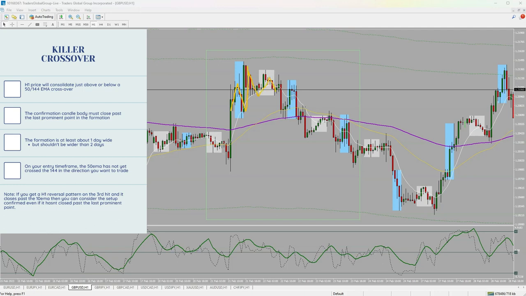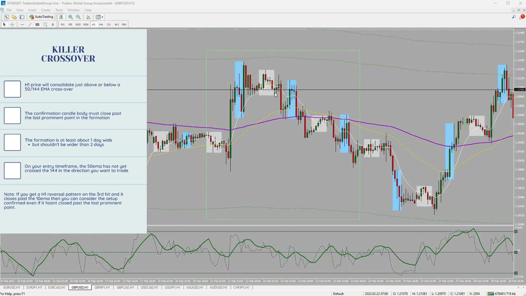It's chopping, and then we get that confirmation candle body. But as it's chopping, if you look at the bottom of these chops, where's the last prominent point? It's this one right here, that little area there. So that's why I drew a line there, because the candle body made a prominent point, and then we get a confirmation candle that closes past that last prominent point.